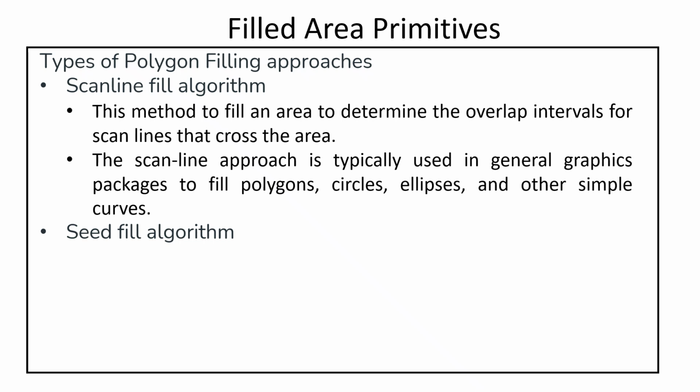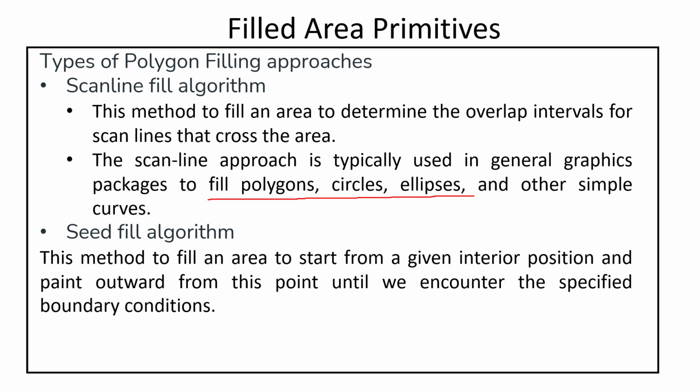This is normally used in graphics packages to fill any polygon, circle, ellipse or other simple curves. Whereas in the seed filling algorithm, you start from a single interior position and paint outwards from that point until we encounter the boundaries.